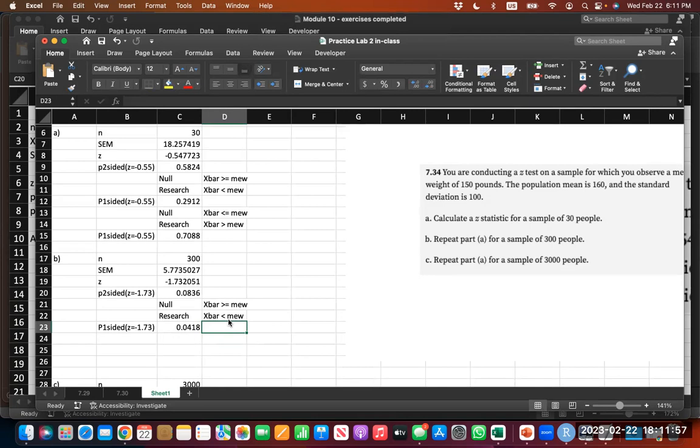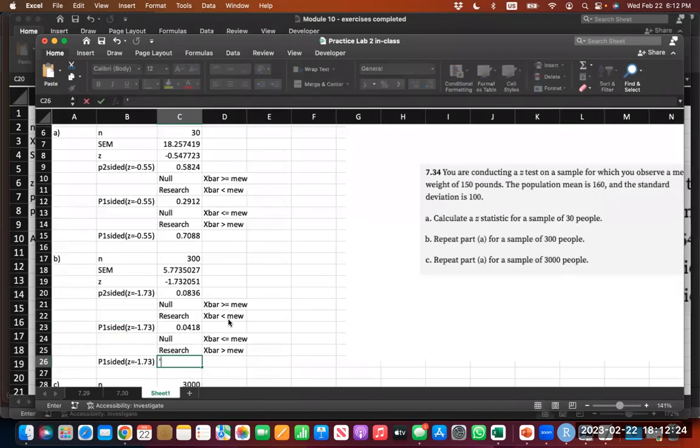If you revert the hypothesis and say my null hypothesis is actually X bar is smaller or equal than mu, and the research hypothesis is X bar greater than mu, then my P one-sided is now the opposite.